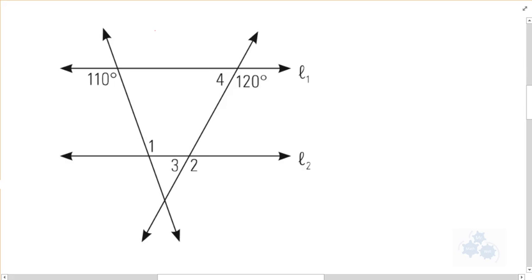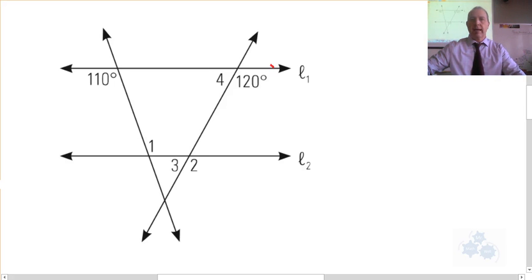So as we look at this strange figure, we do know that line 1 and line 2 are parallel. So we're just going to make that notation there with an extra set of little arrows. They're parallel. Okay. I'm looking, the first thing that jumps out at me is this pair right here of angles of 120 and number 4.